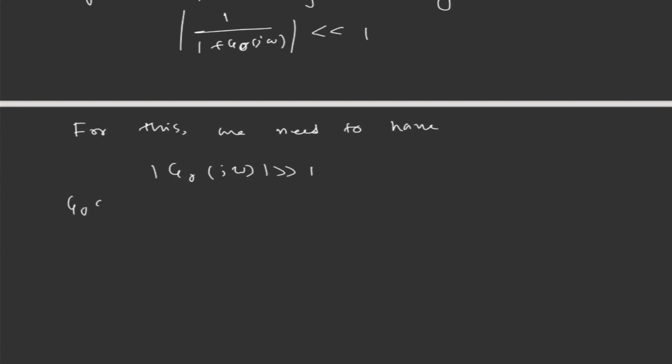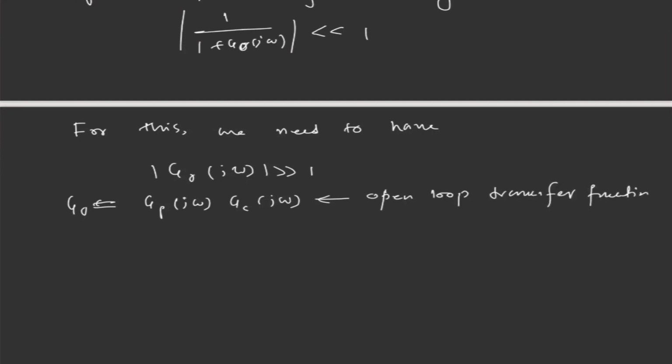Since G naught is basically the open loop transfer function with the unit feedback, we can write G_P j omega, G_C j omega. If it is unity feedback, this is basically the open loop transfer function. And it is obvious that G_P is basically the natural system. We can't change anything in this transfer function.